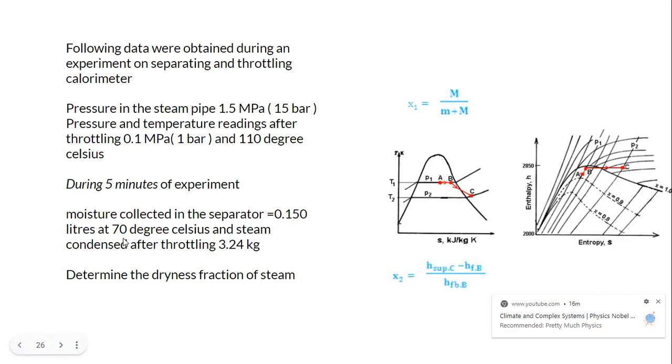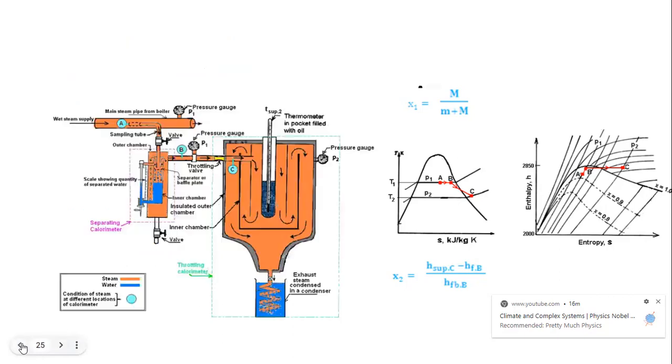The other two observations are the moisture collected in the separator and the mass of the steam which is condensed after throttling. Which are they? So one is this. This is a separator, and the moisture is separated from the wet steam as it flows through the separator, and we can collect the volume over here.